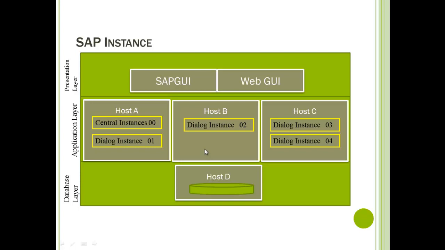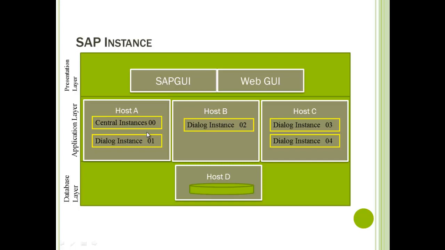For the Java stack we have a different one, called SDM, the software development manager, which is like a central instance. And we have other dialog instances. The other dialog instances can be separated by boxes, as I said, on different hosts, or they can be installed on the same host with different names and different resources.